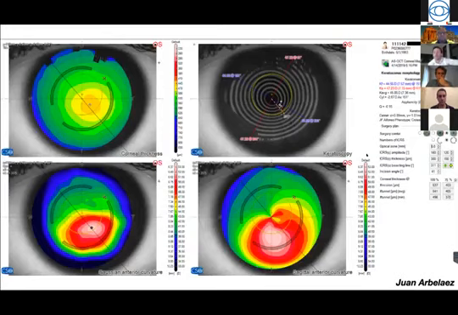For example, in this case, I implanted a progressive thickness ring that was thinner here and started becoming thicker in this area. And in this case, I also implanted a non-progressive thickness ring because I don't need a progressive flattening. I just need the same flattening all along this ring in the opposite way.